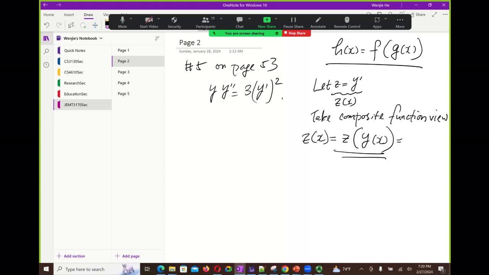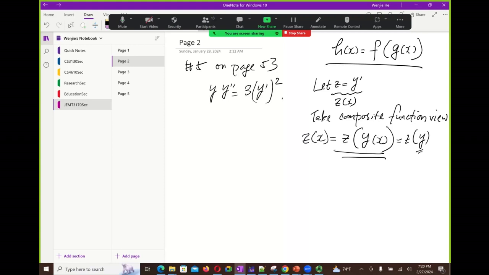Because of this, you can write z of y. Here, this y is a variable. Z is z of x, but here you can treat y as an intermediate variable, because eventually y is a function of x.